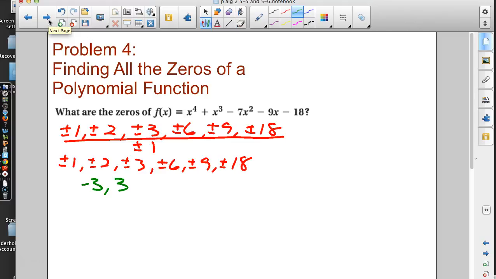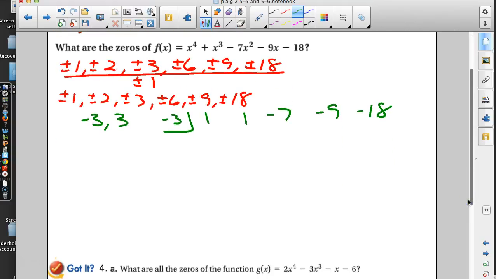Let's make sure, because I almost punched this in wrong. I hit the 9 instead of the 8, so you gotta make sure. Everything there? In order? Okay, good. So 1x to the 4th, 1x to the 3rd, -7x squared, -9x, and -18. Do your synthetic.